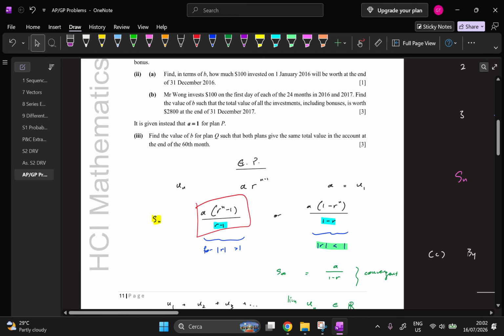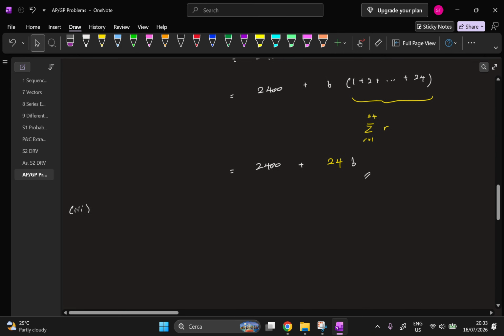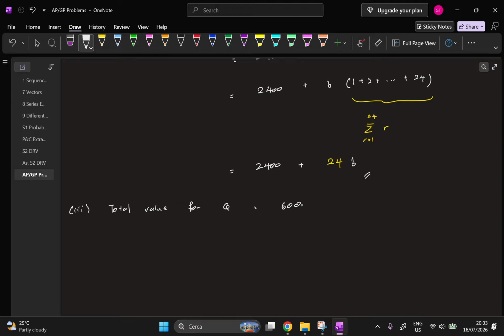Okay, part 3. They said find the value of B for plan Q such that both plans give the same total value in the account at the end of the 60th month. So total value for Q at the end of the 60th month is 6,000. I hope you understand where the 6,000 is coming from. And then I want B. How many B's?